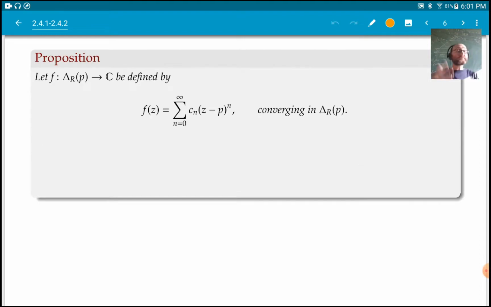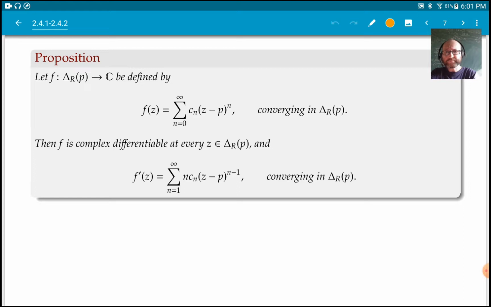All right. So what are we going to do? We're going to look at just a function defined by a power series, not necessarily analytic at this point. It's going to turn out to be analytic, but not today. So we have some function f defined by a power series. Then f is complex differentiable, and the derivative is actually a power series again, right?